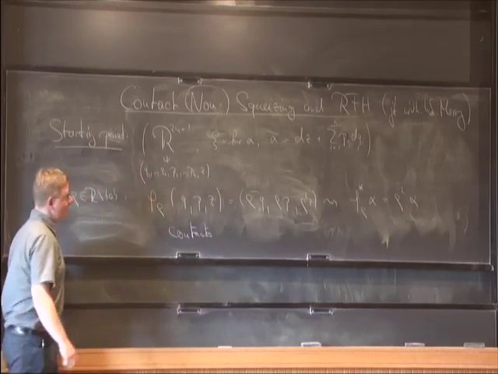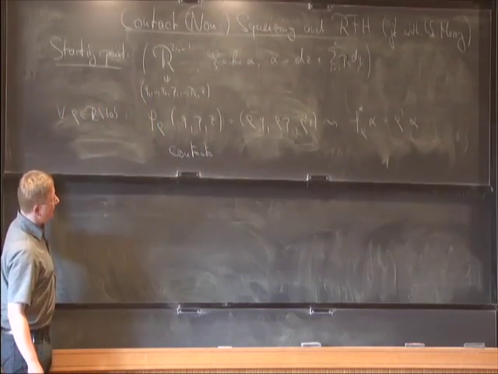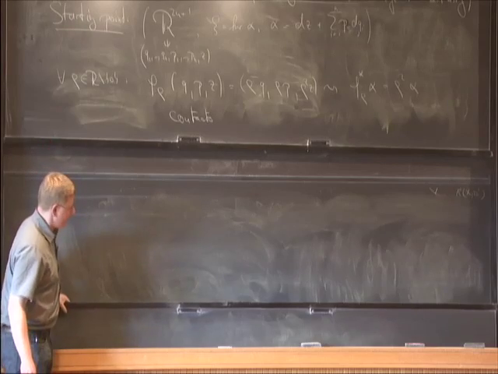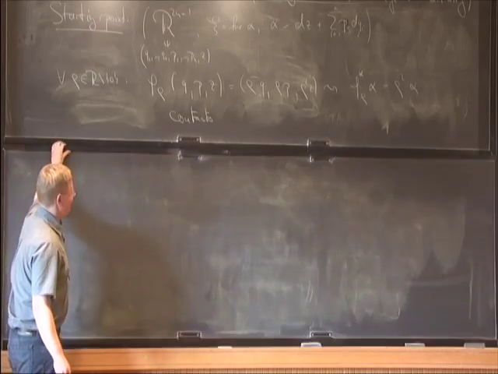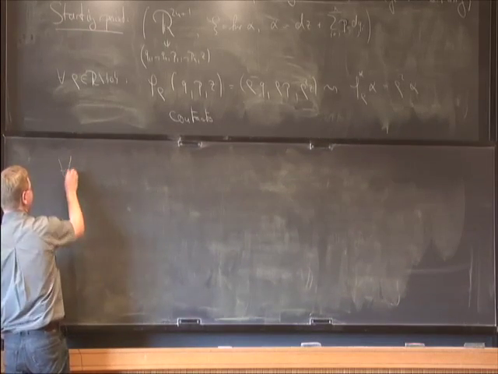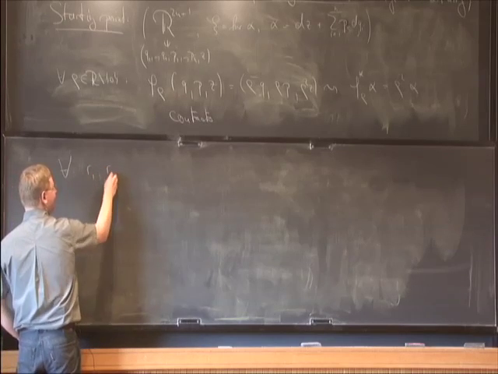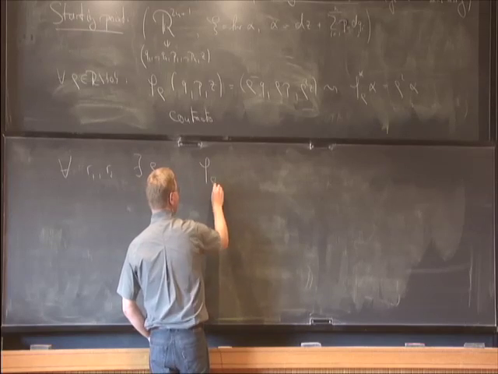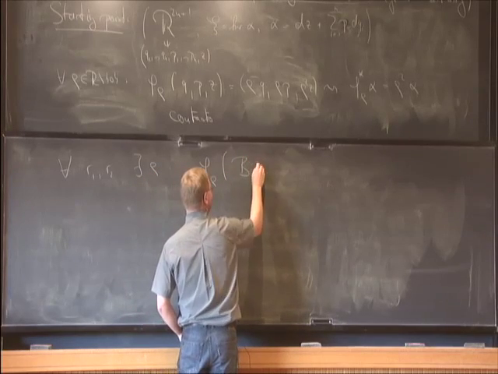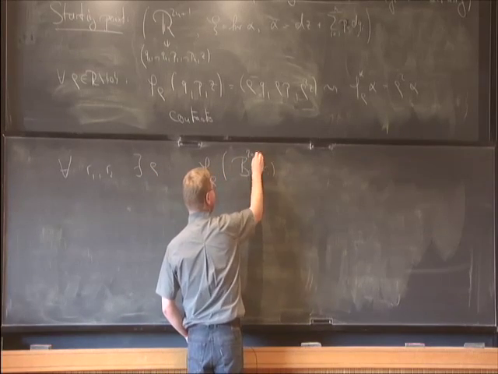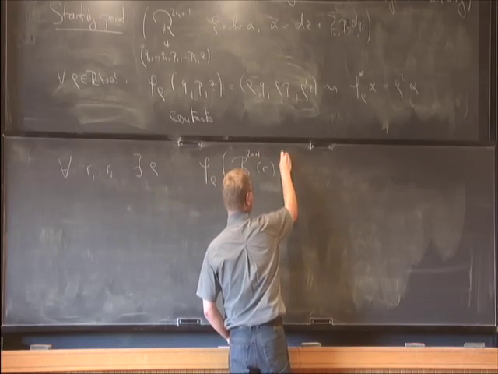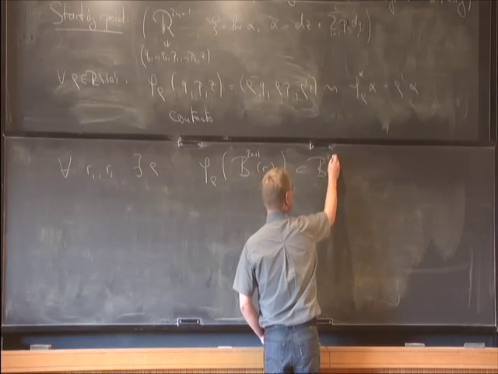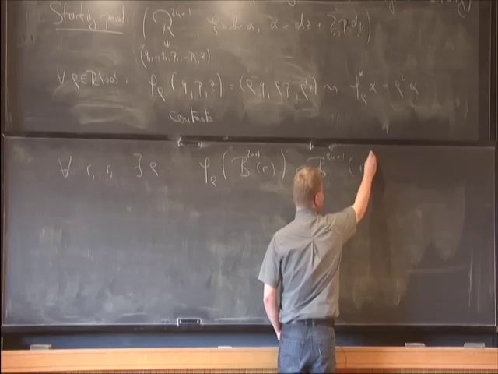And what does it do? Well, it does something interesting, namely, for any R1 and R2, you find a rho such that phi_rho maps the ball of radius R1 into the ball of radius R2.